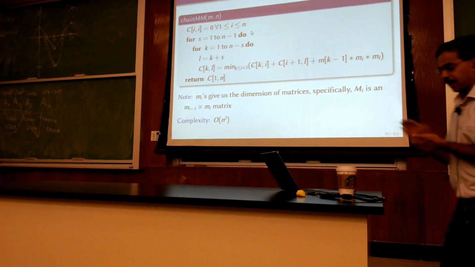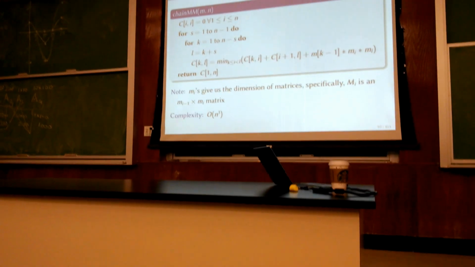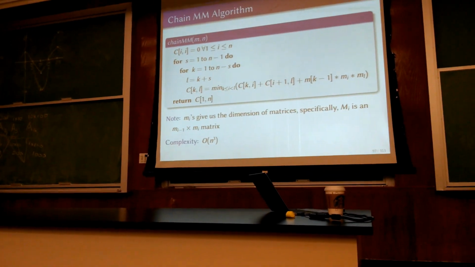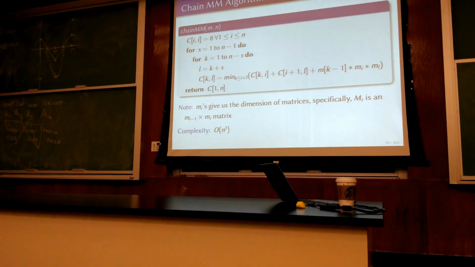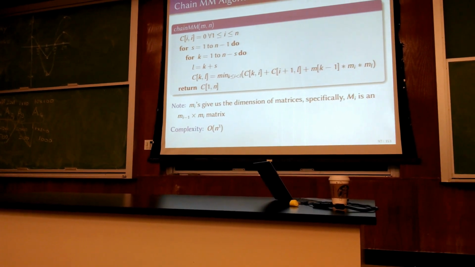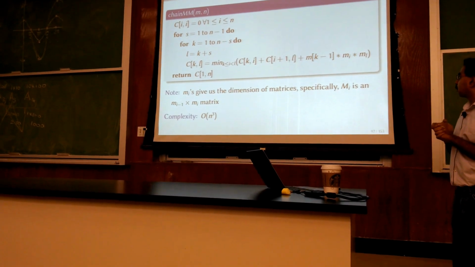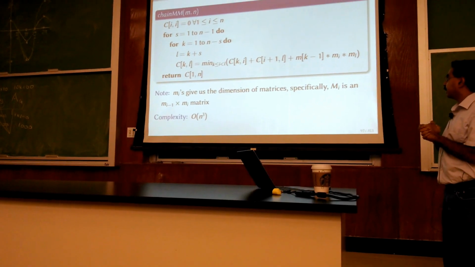Okay, so the complexity of this algorithm is n cube, which you can fairly easily see. We have 2 nested loops, each of them going through n times, so that already gives you n squared. And inside the nested loop is a min operation, which goes through k to l, right?